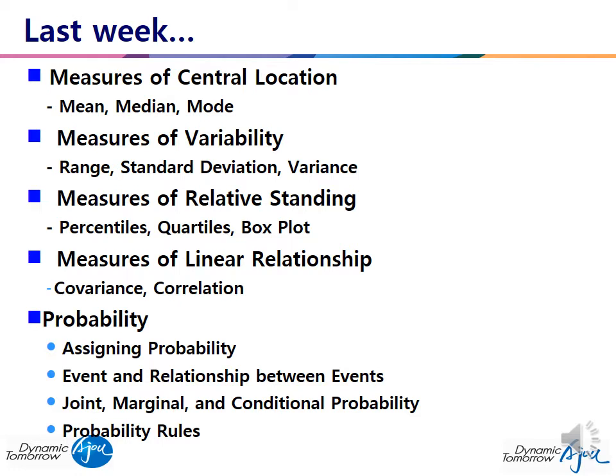Then I introduced how to assign probability and probability concepts: events, the relationship between events, and joint, marginal, and conditional probability. Then I introduced probability rules, especially the complement rule and multiplication rules.